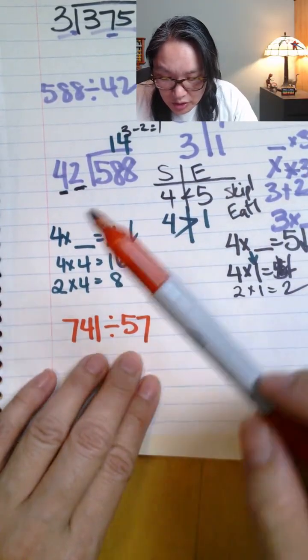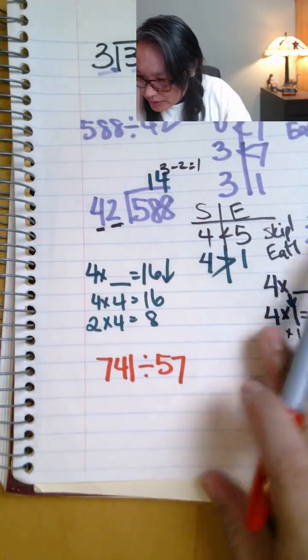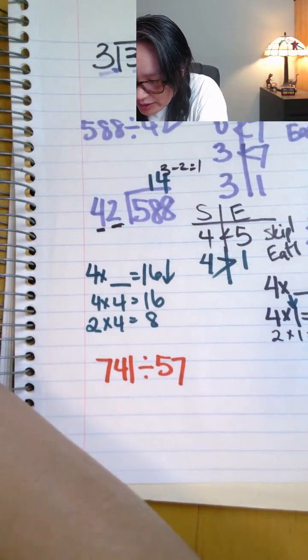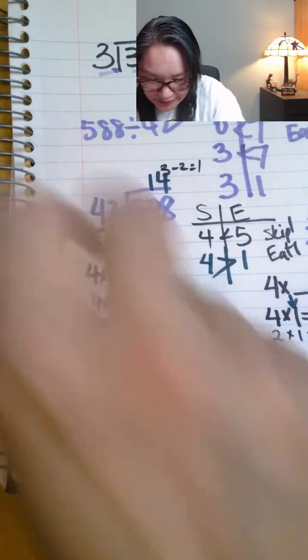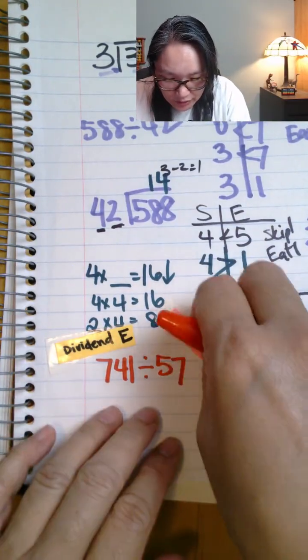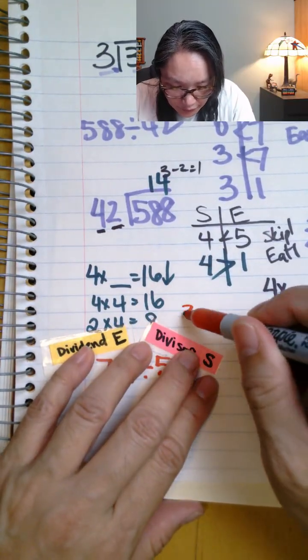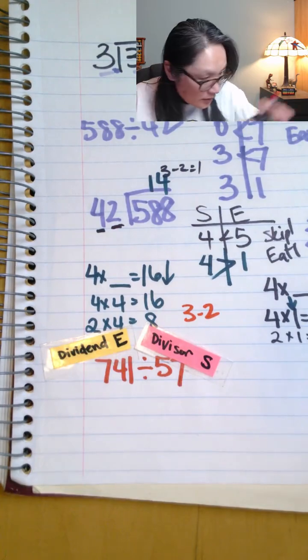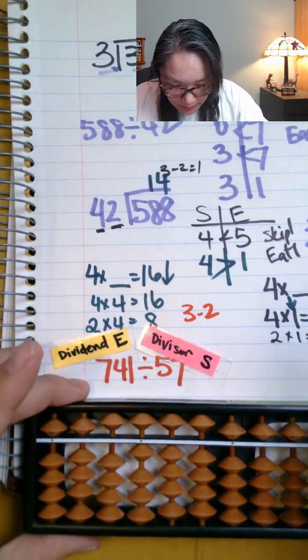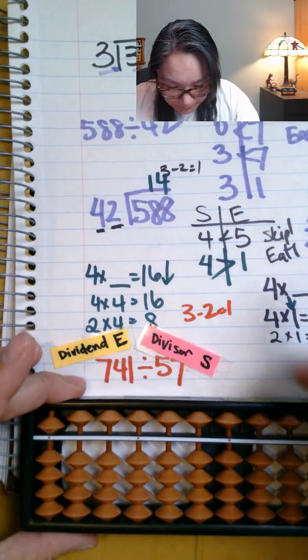Yes, exactly. So dividend and divisor. That's the other thing, keeping track. Dividend is over here now. Divisor is over here. So we have 3, take away 2, and I still got to use this one, equals 1. So we have 1.